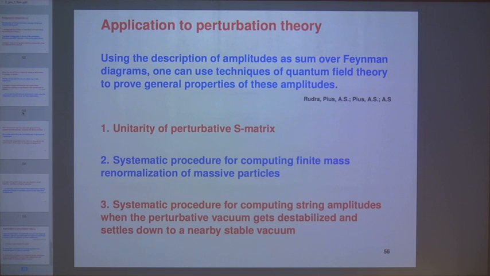Again, this is not possible in the worldsheet description, because there you always start with a particular conformal field theory. If the quantum corrections destabilize that conformal field theory, you don't have a formalism by which you can readjust your background and look for nearby solutions. These are not classical solutions, these are quantum corrected solutions. But that procedure doesn't exist within the conventional worldsheet description.